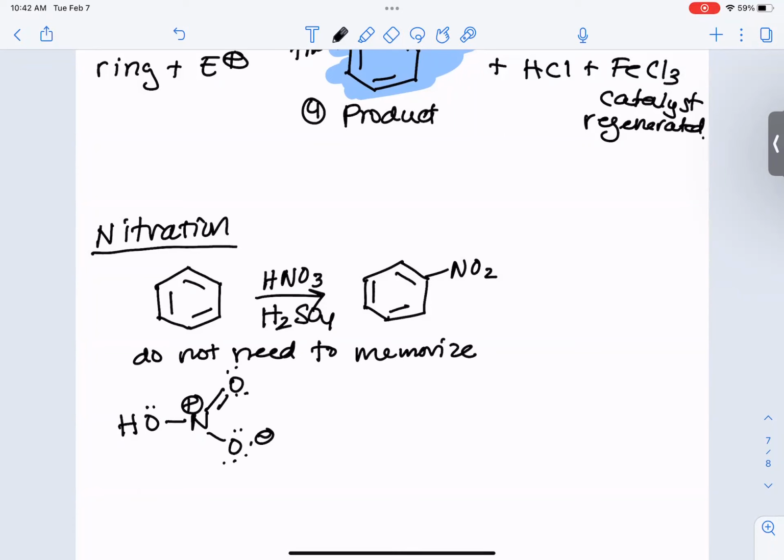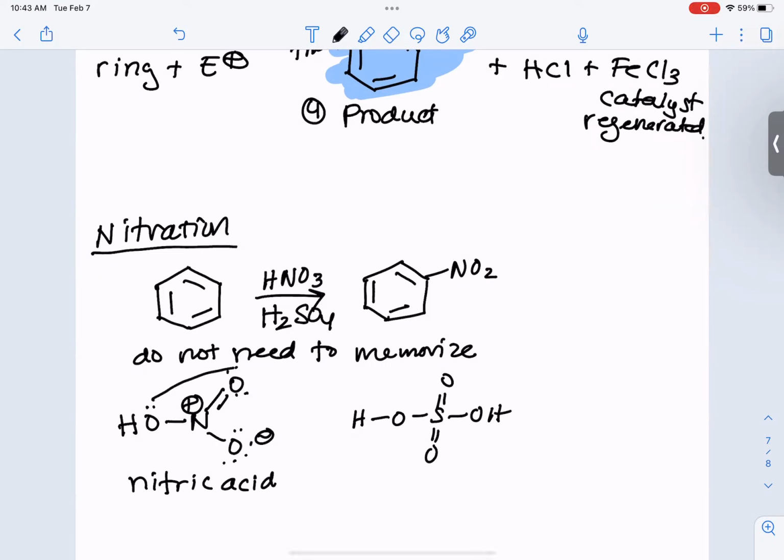Okay, so you have nitric acid, and then you have sulfuric acid. You're going to deprotonate the sulfuric acid.